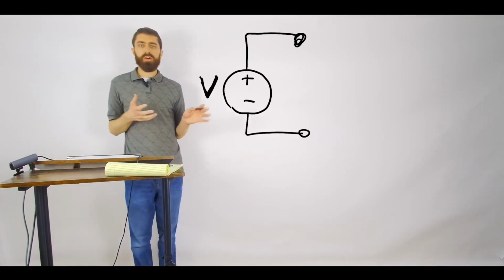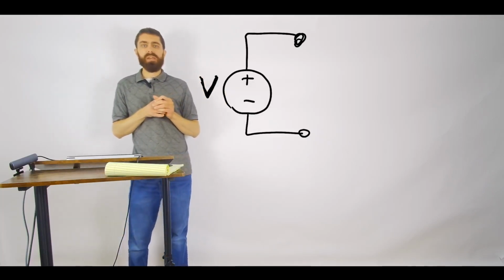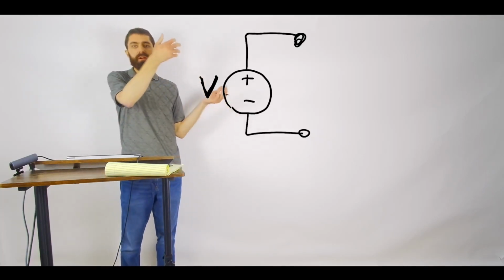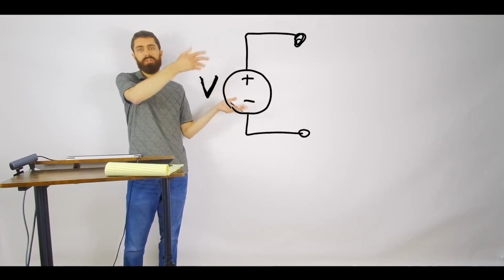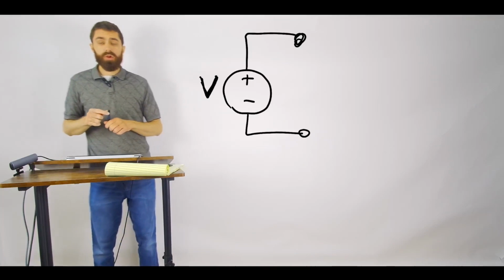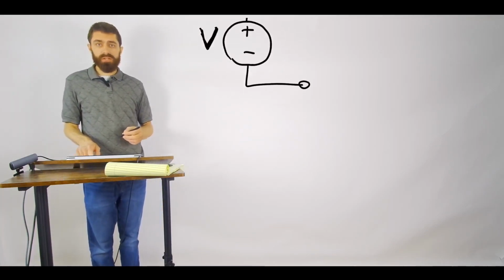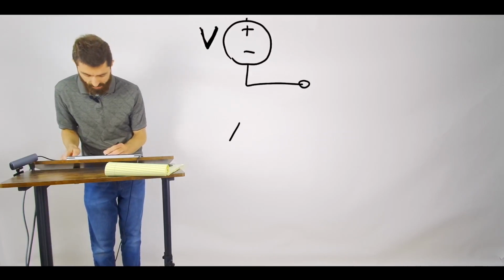And we actually call this an independent voltage source, meaning that it always outputs the same voltage no matter what's connected to it. However, you will encounter in this course what we call a dependent voltage source as well.